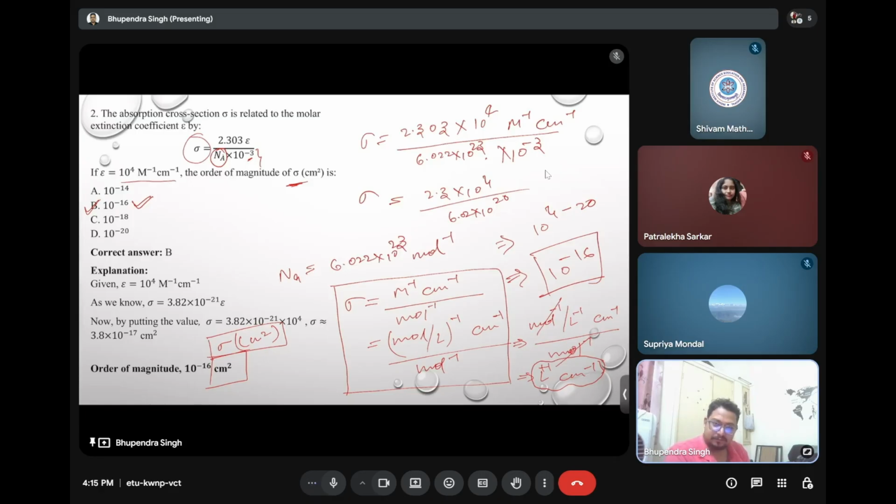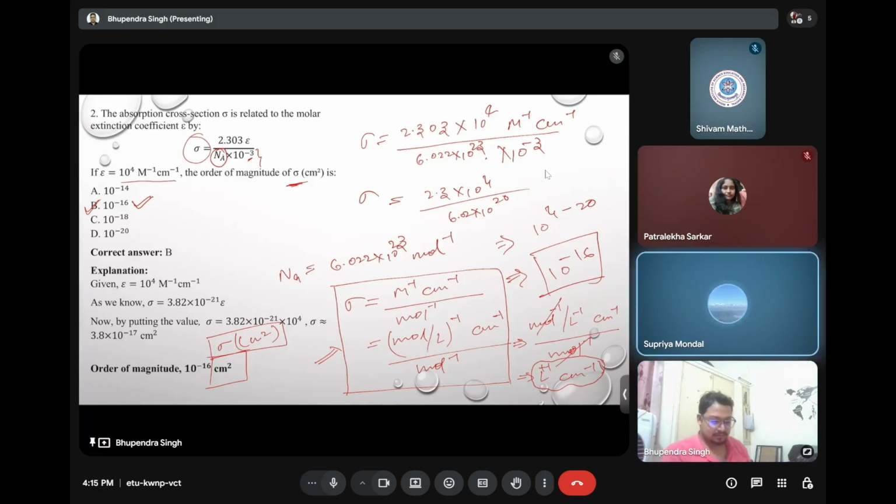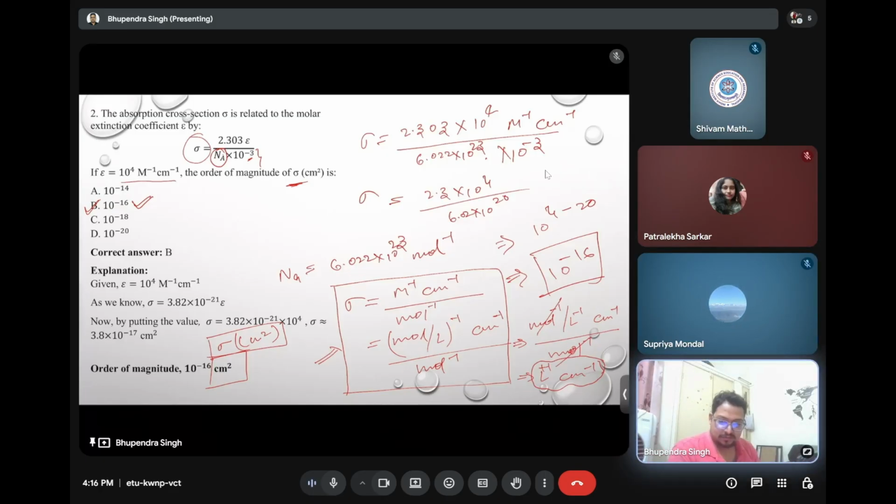Are you able to follow? Okay, Patlika got it. Shivam is also with us. Supriya? So did you get the centimeter square?